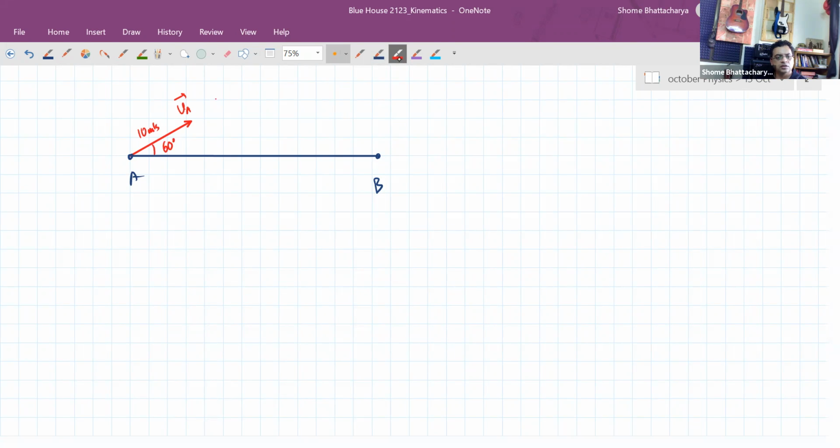And this one is having a velocity of, let's say, 15 meters per second. But this angle is something different. This angle is, let's say, 53 degrees. Okay. So then are they approaching each other or are they separating?